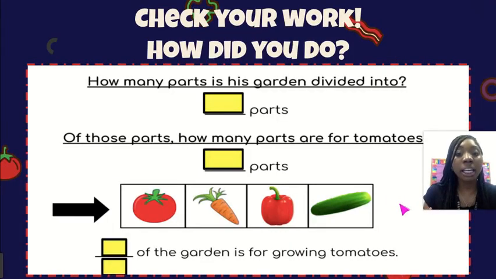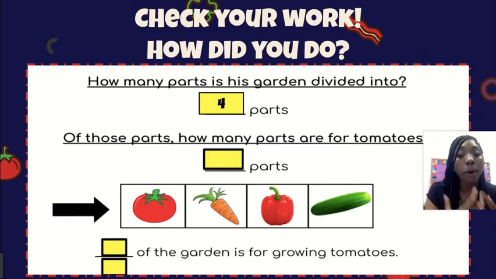So, how many parts is his garden divided into? Well, if we look at his garden, let's count how many parts there are. There are 1, 2, 3, 4 parts of his garden, or 4 sections. So we know that there are 4 parts of the garden.